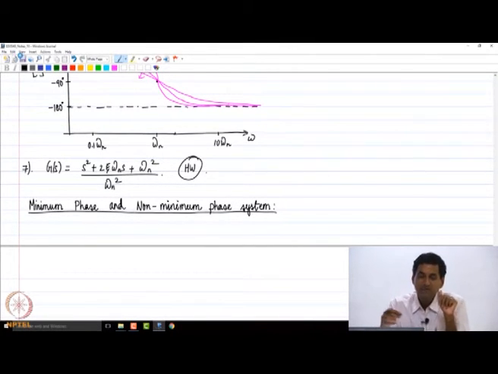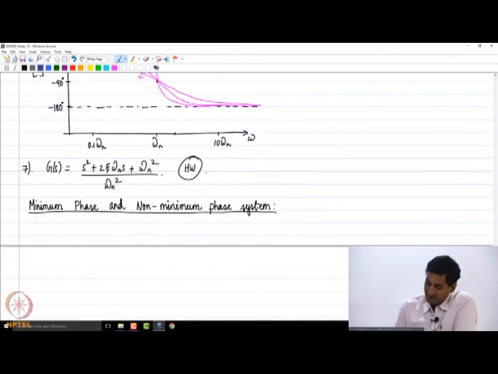So I told you that I will revisit and tell you the reason behind this terminology from the perspective of frequency response, right? I'm just going to leave you with a question from which you can figure out the answer, and then we'll discuss the answer tomorrow, right? So let us say, consider two systems, of course two stable systems, right, to begin with.